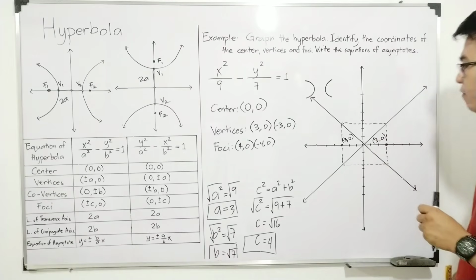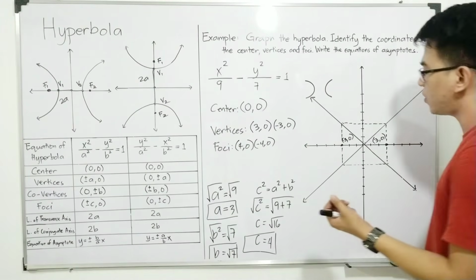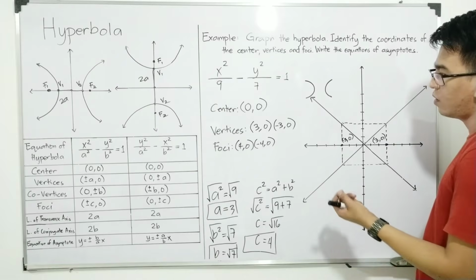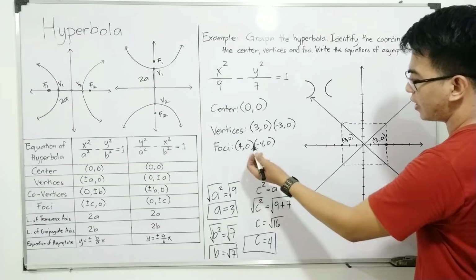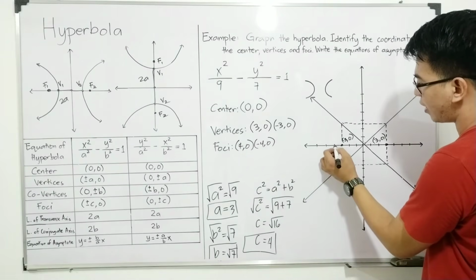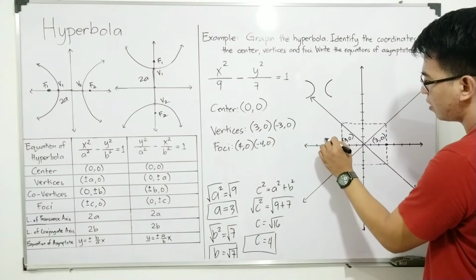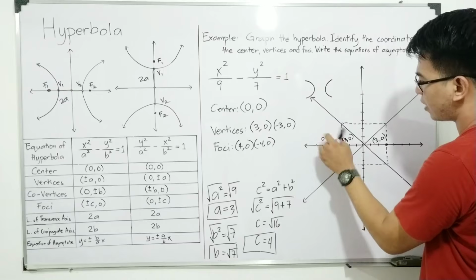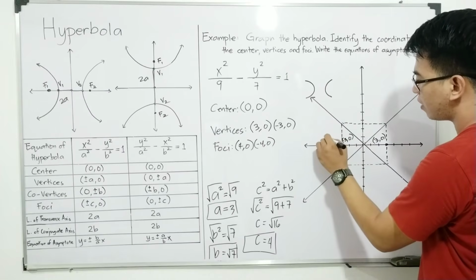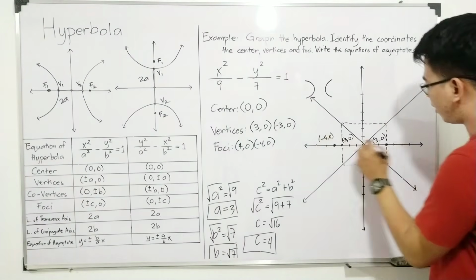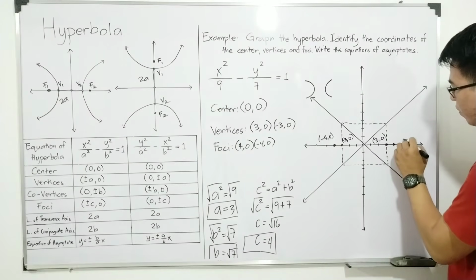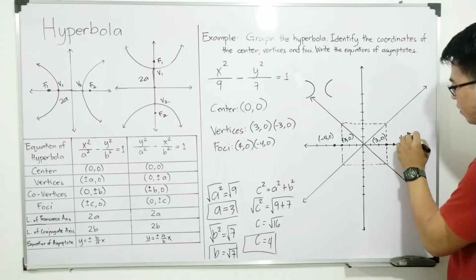Ito na ngayon yung ating vertex. Now, for the focus, para sa ating focus, that is negative 4, 0. So, dito lang tayo ngayon. And the other focus is here, which is 4, 0.